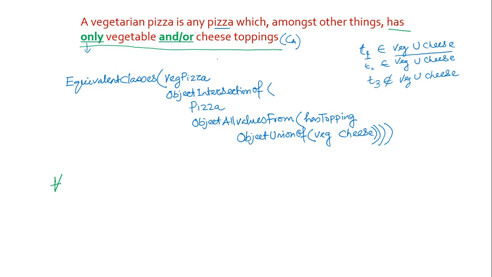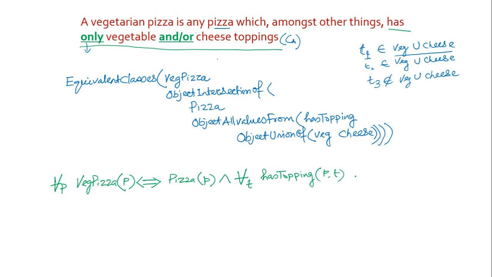So for all P, P is veg pizza if P is a pizza, and for all toppings T, if P has topping T, that implies either T is veg or T is cheese, right?